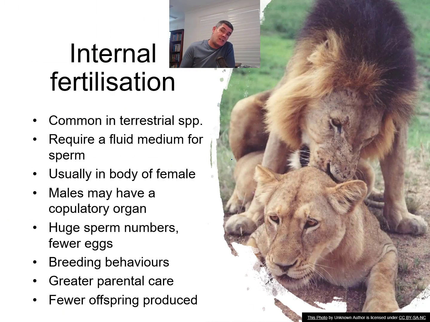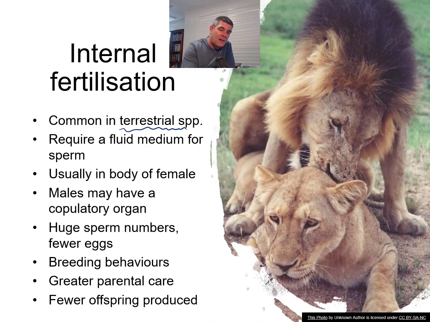This is not the case for internal fertilization. There had to be some much more specific modifications to the bodies of individuals or species that were going to favor this mode of reproduction. As a contrast, it is more common in terrestrial species.